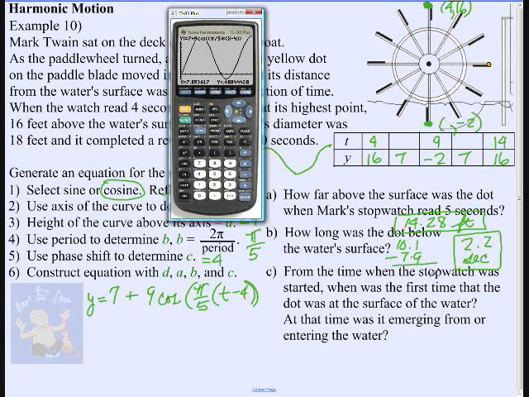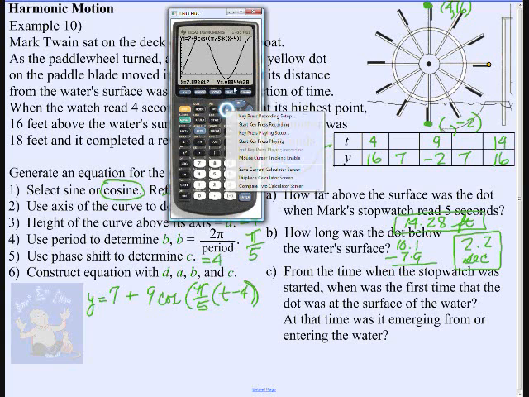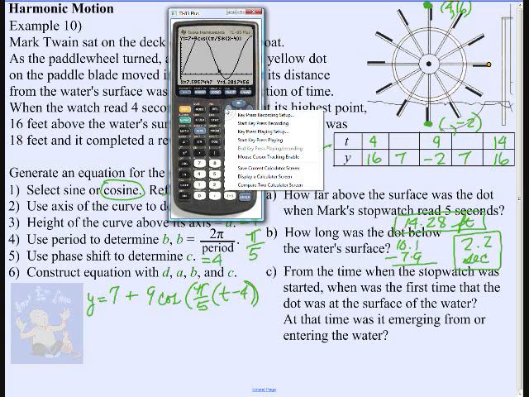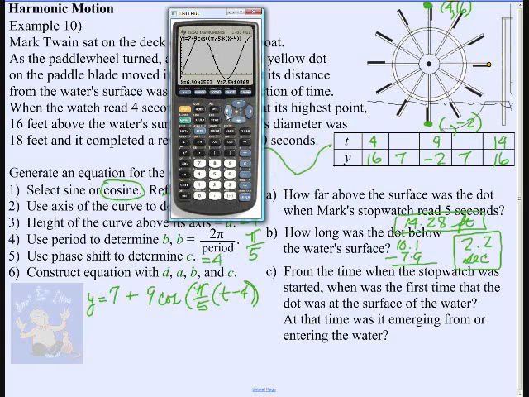From the time when the stopwatch was started, I'm going to use my trace mechanism here, and we're going to go back to the start. Let me look at my window. That's 0, right?